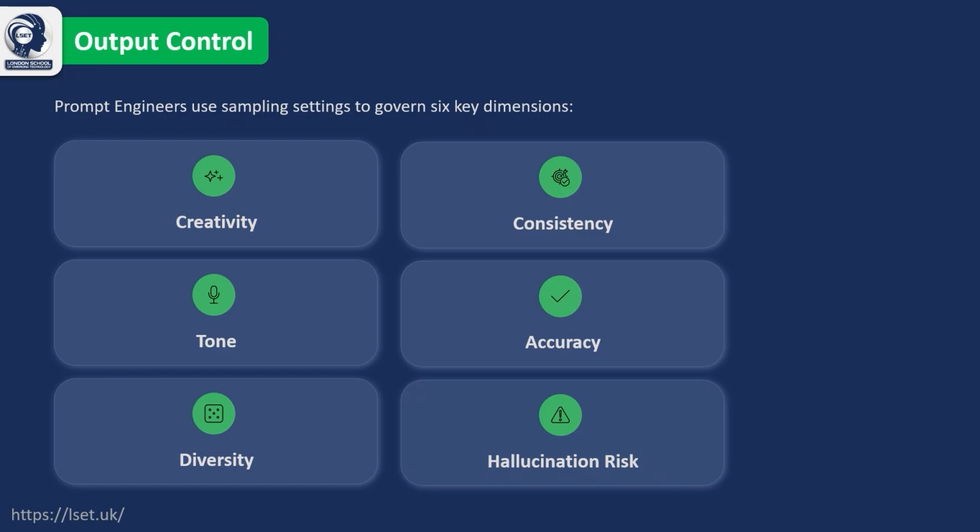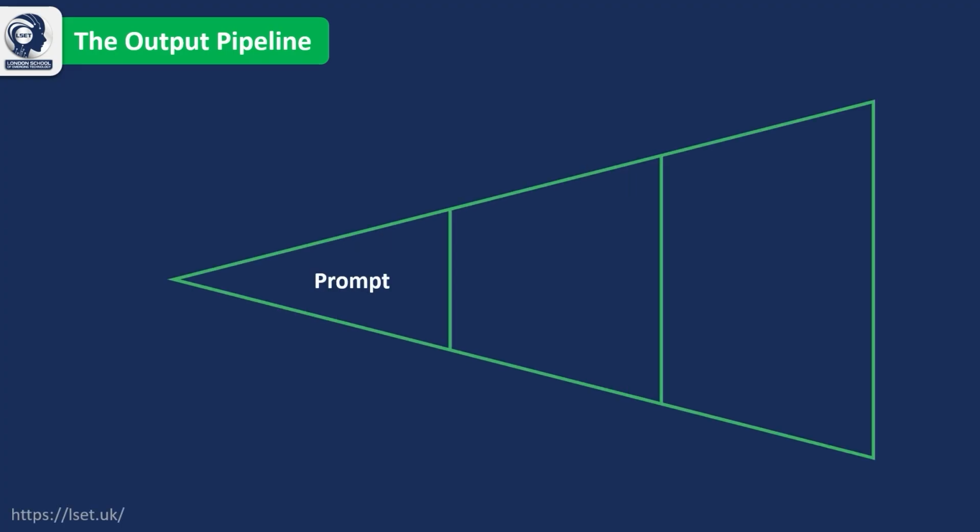Let's look at the complete output pipeline of a large language model. The process begins with the prompt, which provides the AI with the instruction or question. Before generating the final response, the AI applies sampling parameters, such as temperature and top P, to determine how creative, focused, or diverse the output should be.